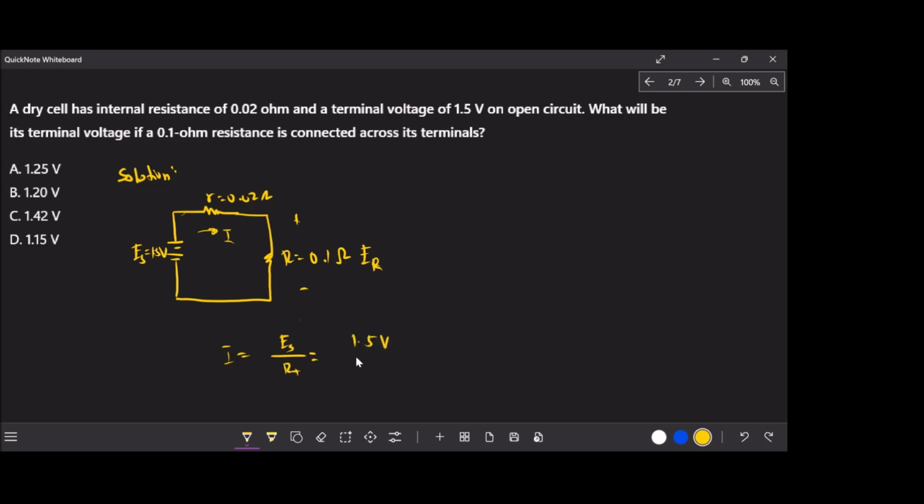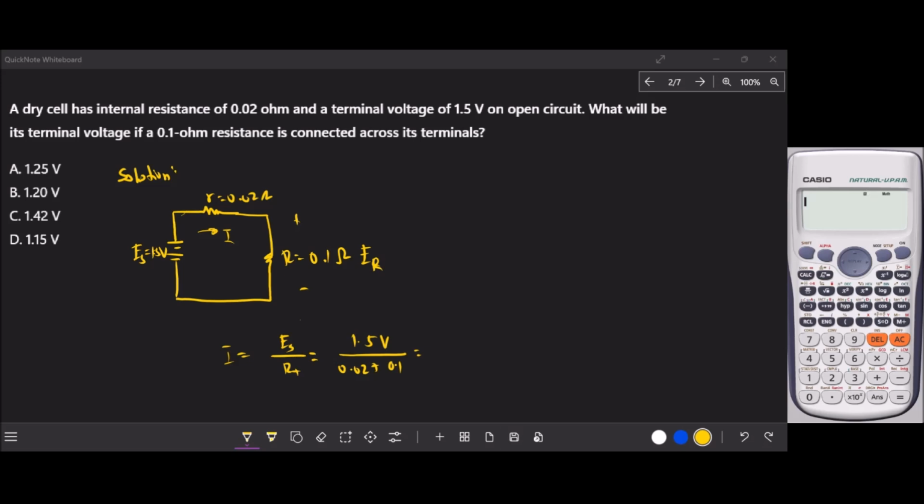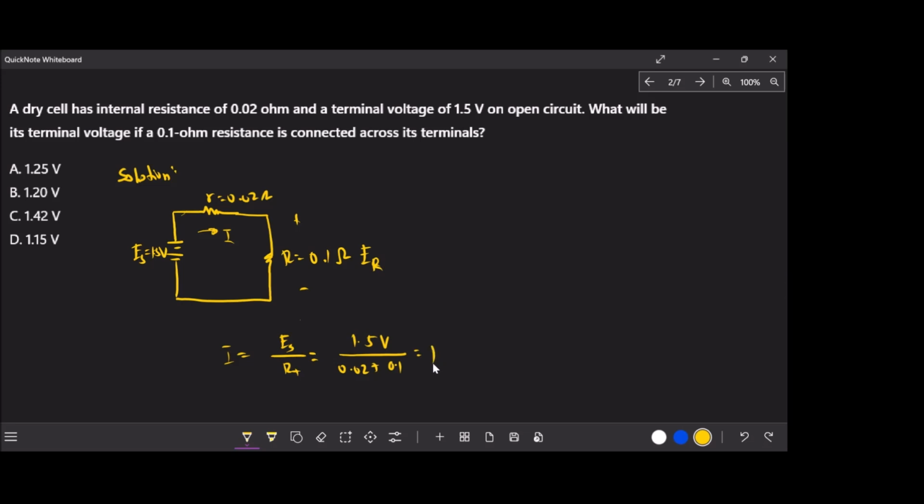So 1.5 volts over 0.02, which is the small R, plus 0.1, which is the load resistance. Using our calculator, 1.5 divided by 0.02 plus 0.1, we have 12.5. So yung current po natin is 12.5 amperes.